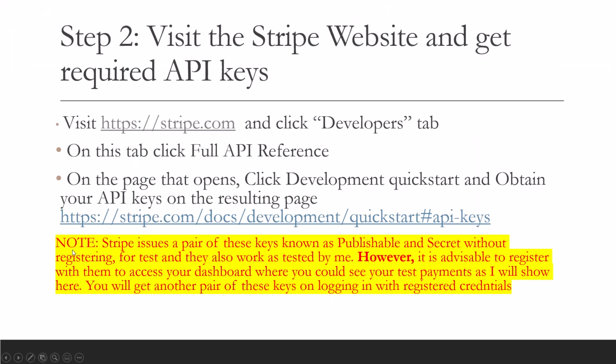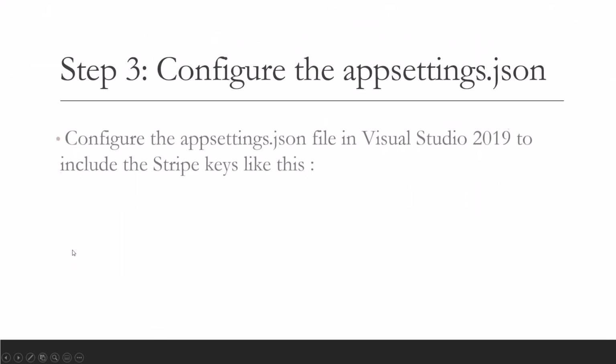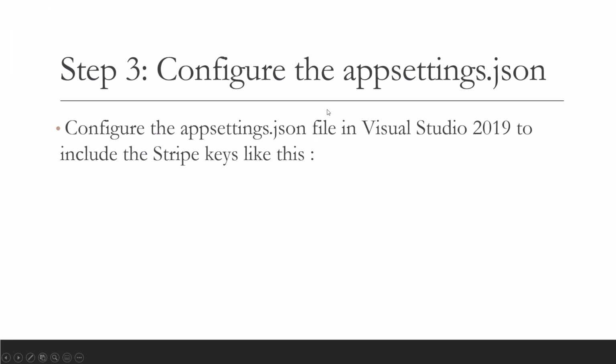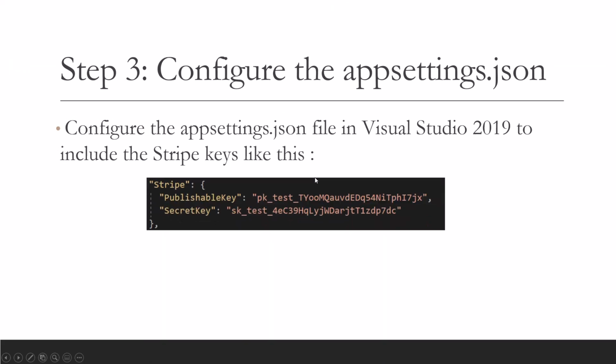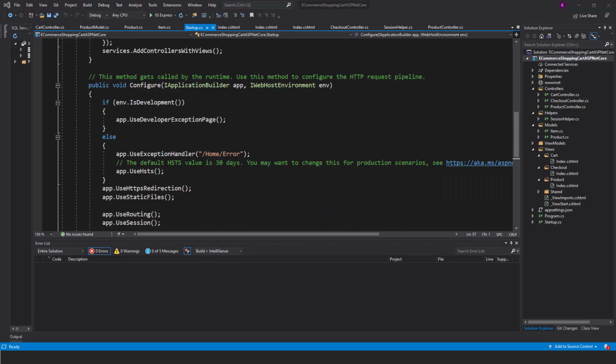So let's see the third step. In the third step, we have to configure the appsettings.json. Configure the appsettings.json file in Visual Studio 2019 to include the Stripe key like this. So my aim is to get this block in my appsettings.json file.